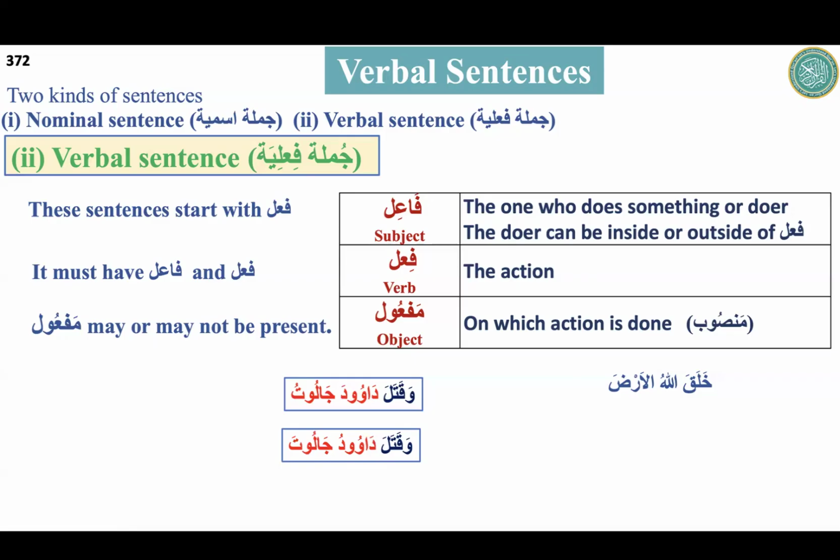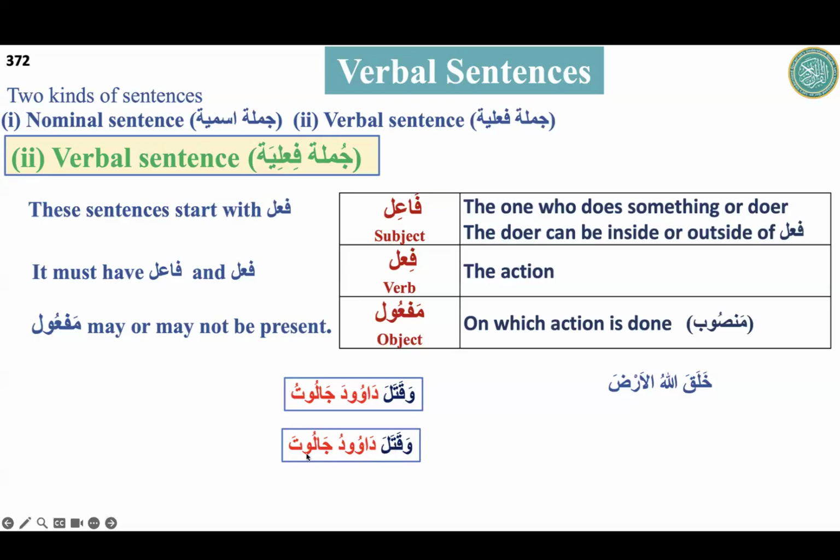What is the inside doer of qatala? He. So you have to look for an outside doer. Outside doer should be in rafa status. And what is that? Dawood. Okay, how will you translate this complete sentence?